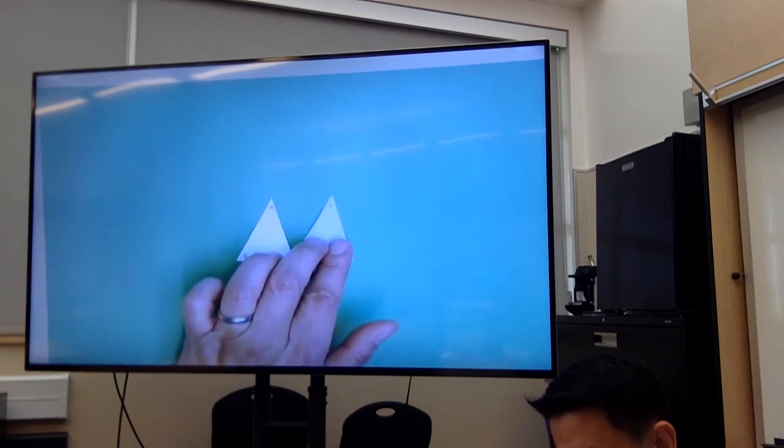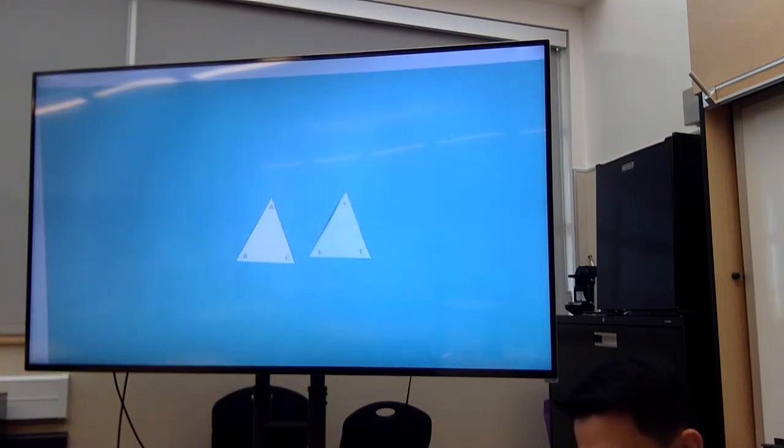Okay? And those are all rigid motions. So if you can perform a series of rigid motions to map one figure on top of another, then the two figures are congruent. And given that these two figures are congruent, what do we know? We know that all of their corresponding angles are congruent and all their corresponding sides are congruent.